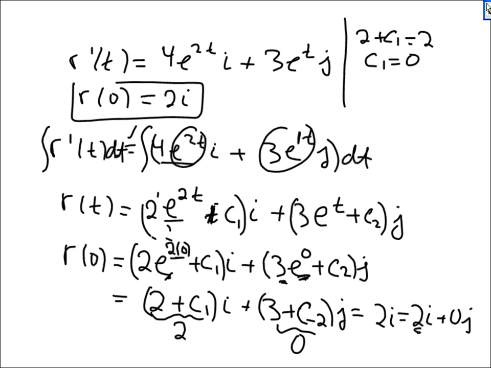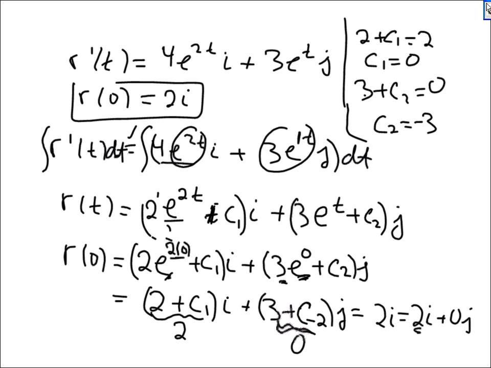So c1 is 0, and the 3 plus c2 must be 0. That means c2 must be negative 3.